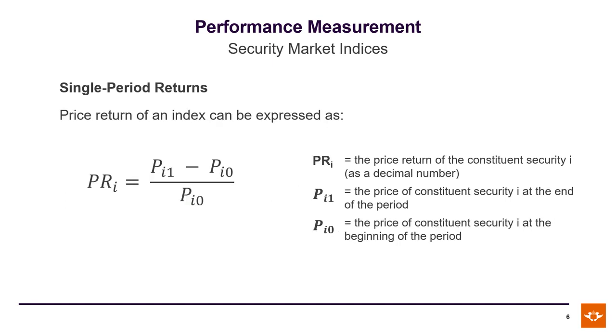Now over the next few slides we look at how we calculate the price return of an index by calculating the weighted average of the price return on the individual components of that index. So this slide we're looking at how the price return of a component security or constituent security in the index will be calculated, and that will be the change in the price, starting with the price at the end of the period less the price at the start divided by the price at the start.